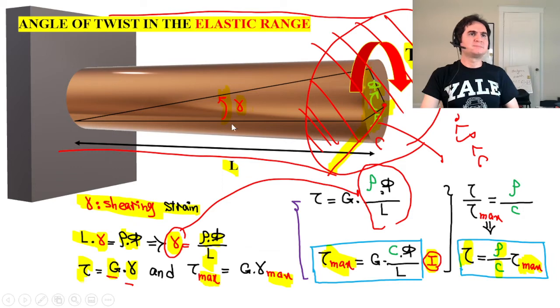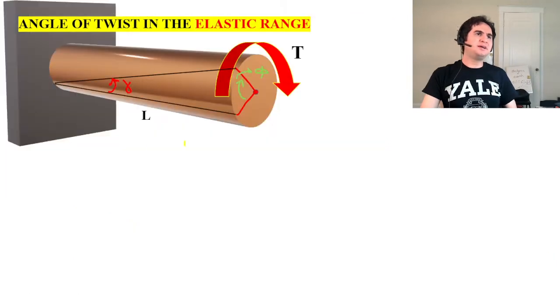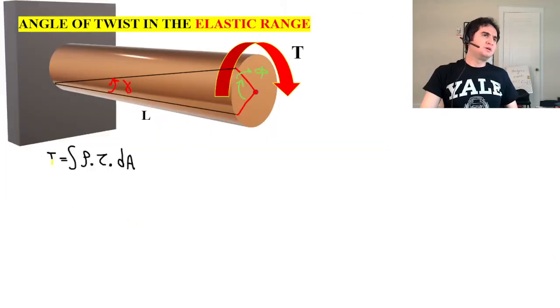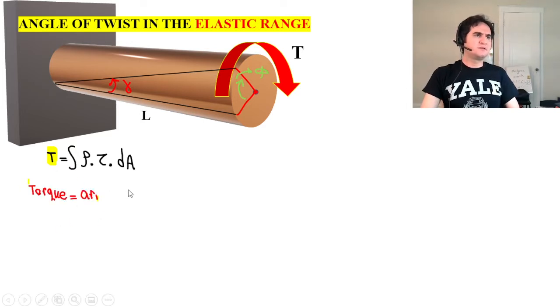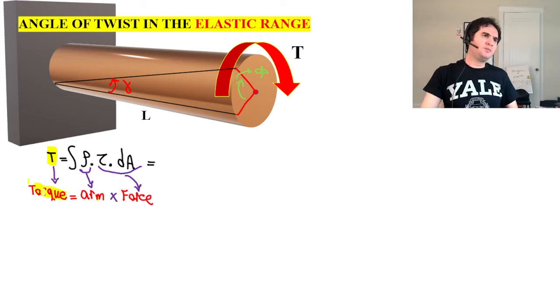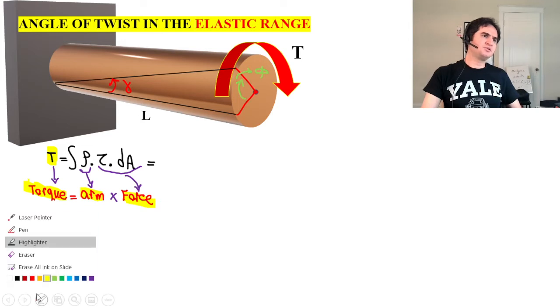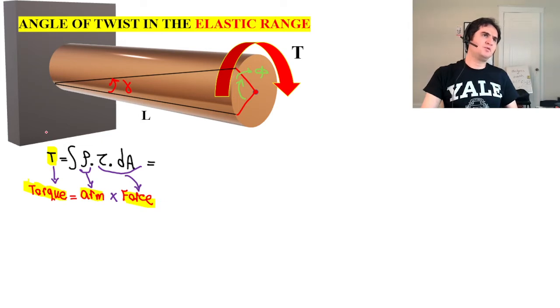On the other hand, we know the torsion is the integration of rho times tau times dA. How is that? A torsional torque is in the nature of a moment.